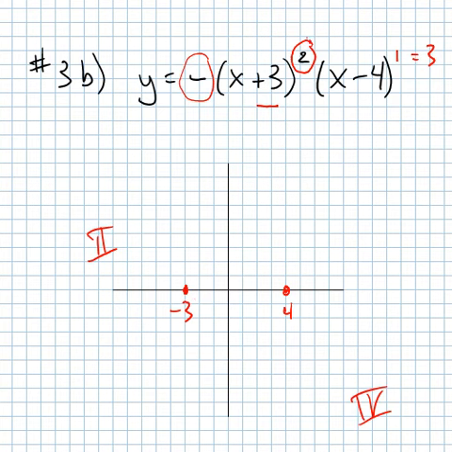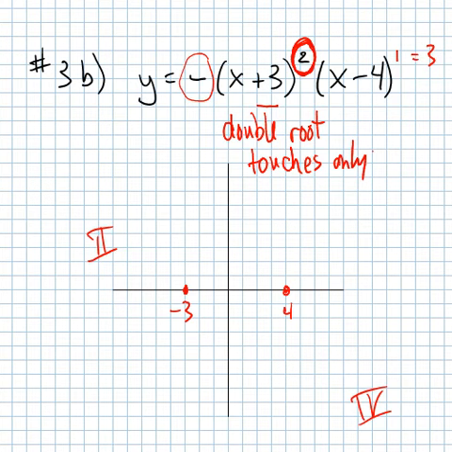I also notice that this is x plus 3 squared. This is a double root, or double 0. It means it only touches there. It does not cross. At positive 4, x equals 4, it's going to cross there, but it's just going to touch at negative 3.